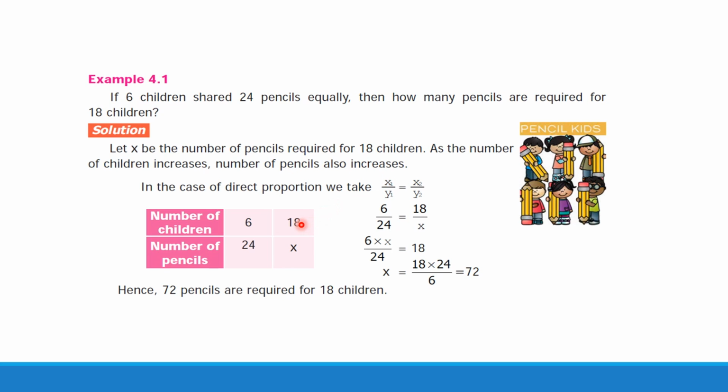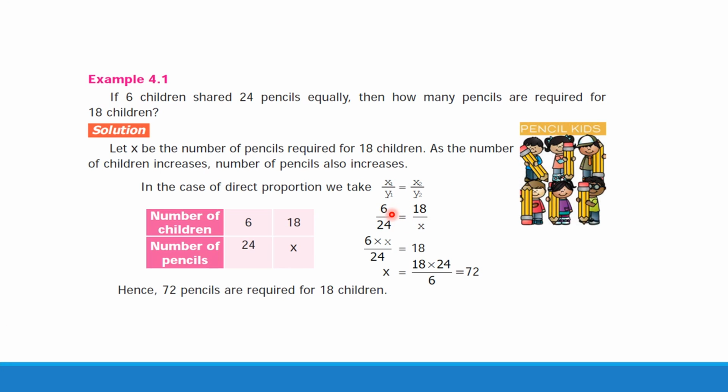Therefore x equal to 18 into 24 by 6. Cancel it, 1 6 and 3 6 are 18. 3 24s are 72. So 72 pencils are required for 18 children.